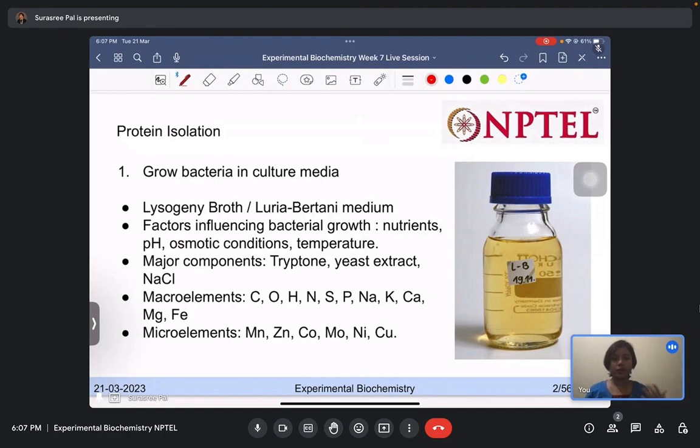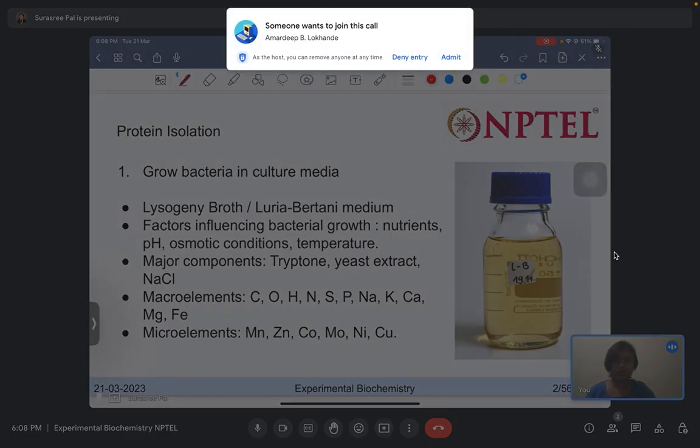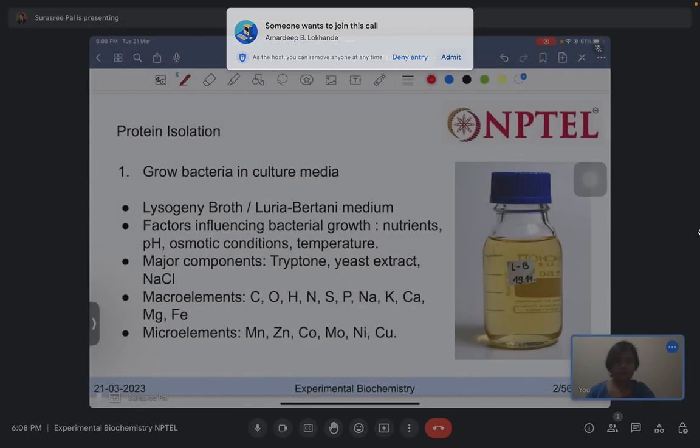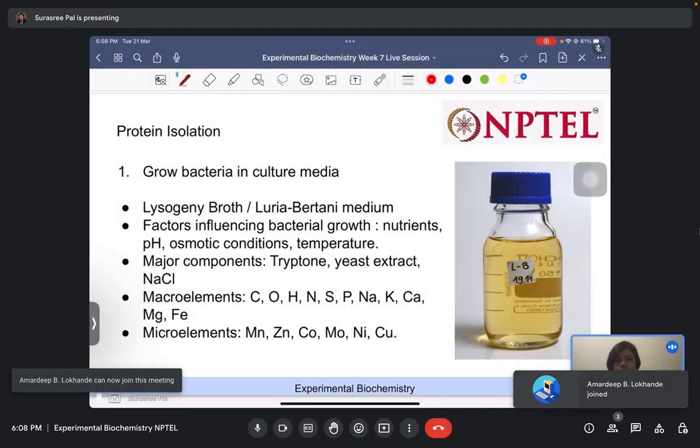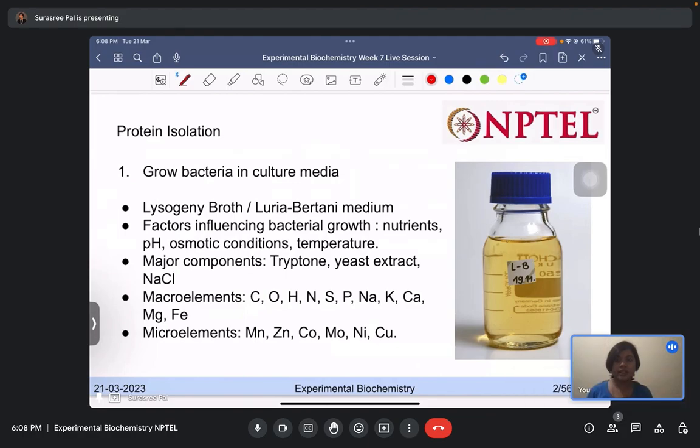Now what do I mean by overexpression? Basically, when we isolate proteins from this bacterial cell, the bacteria expresses many proteins together, and together with its own proteins, the bacteria will also express our protein of interest.